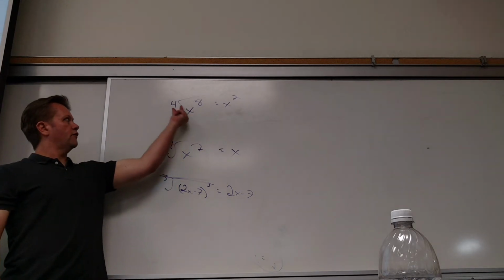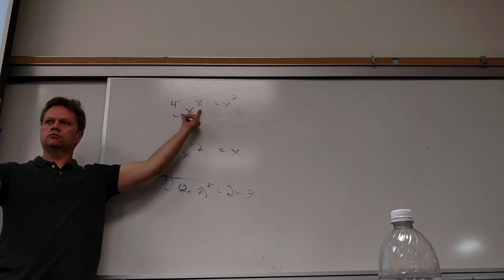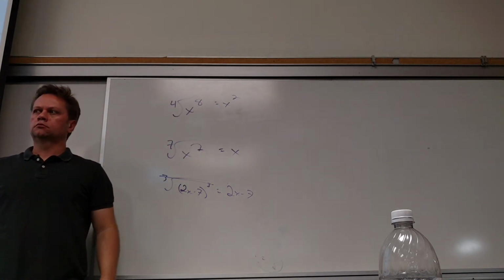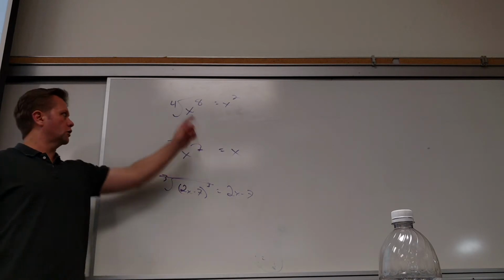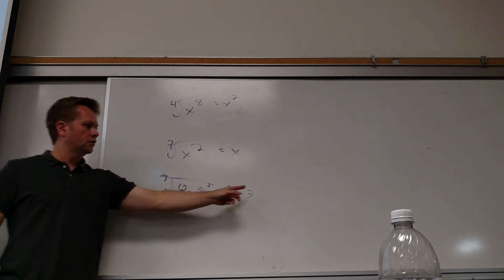Another way to look at this: every 4 x's you would take one out. How many groups of 4 do you see? 2. So that's why I end up with x times x squared. That's that shortcut. 4 goes into 8 twice. 3 goes into 3 once.